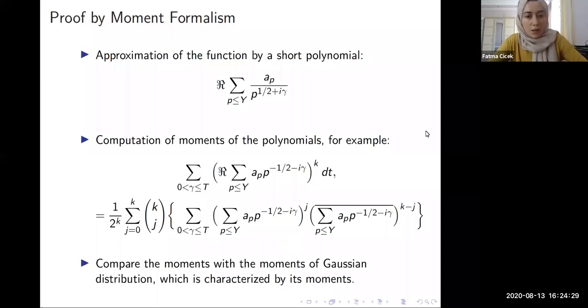In the end, when you compute moments, you will see that they match the moments of a Gaussian random variable with appropriate mean and variance. A property of the Gaussian distribution is that it is characterized by its moments. So if you have the same moments, then your function also has a Gaussian distribution itself. That will give us the distribution.